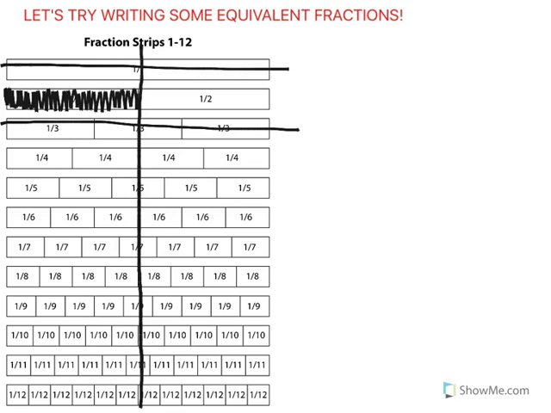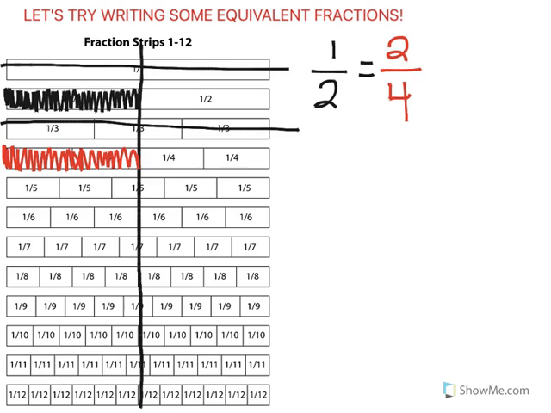However, those fourths seem to stop at the same place as 1/2. So 2 of our fourths pieces are going to be equivalent to our 1/2. So we can write 1/2 equals 2/4.